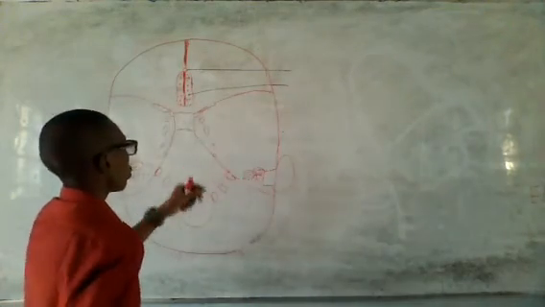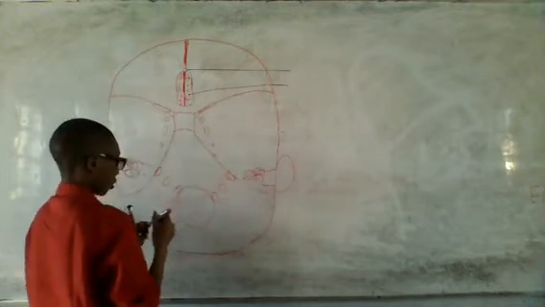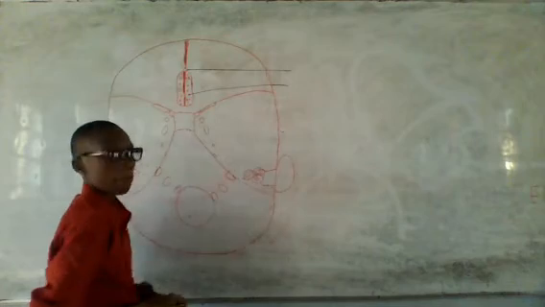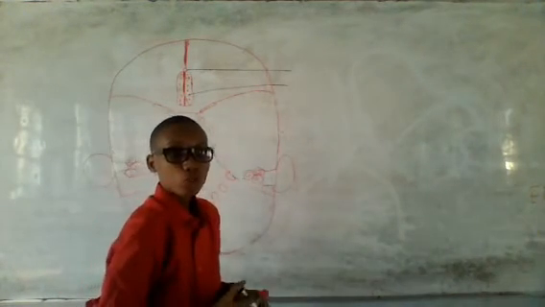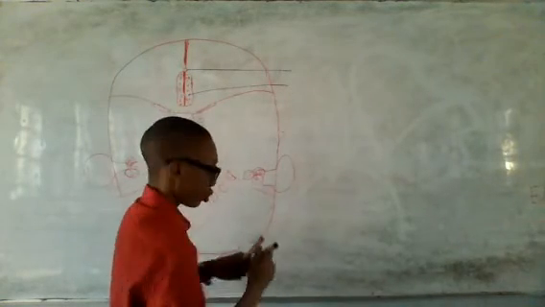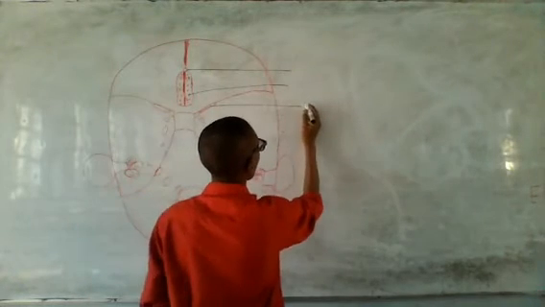Now we are moving into the next foramen and the structures that pass through it. For this next foramen, as we said, it's called the superior orbital fissure. So what structures pass through the superior orbital fissure? Let's name them.